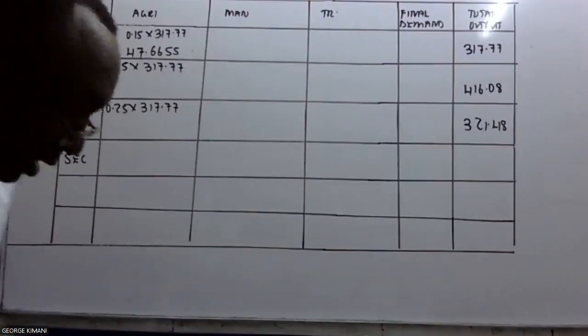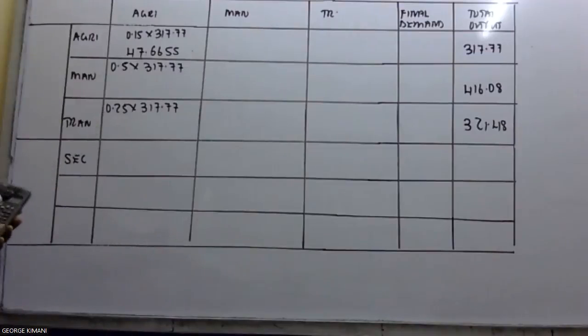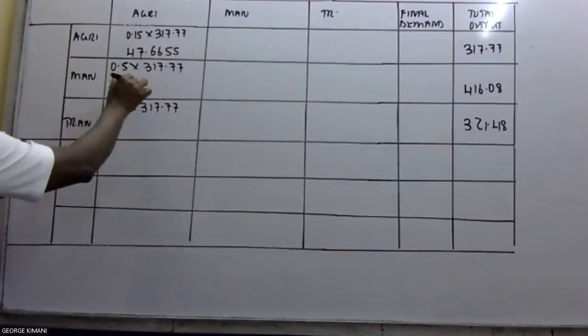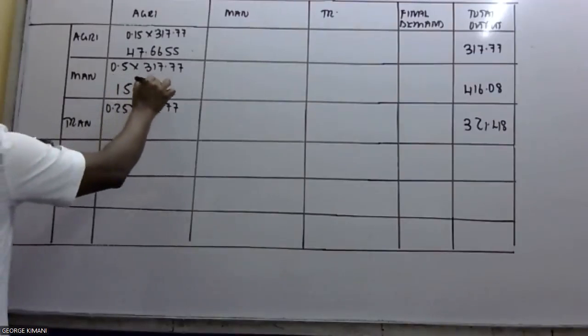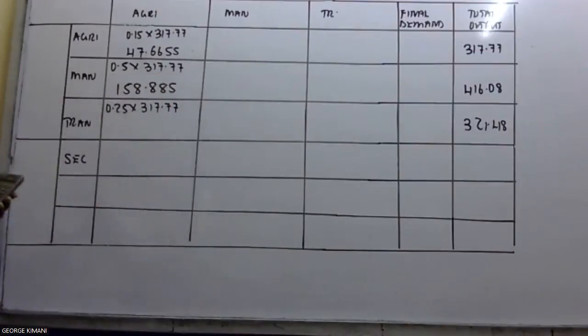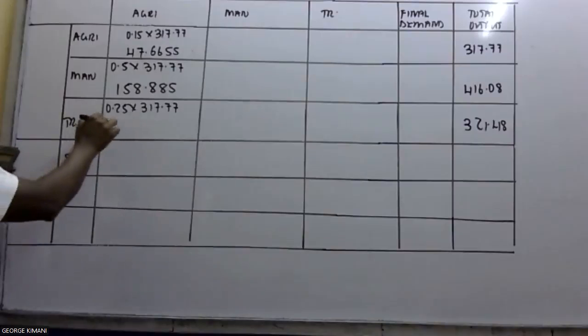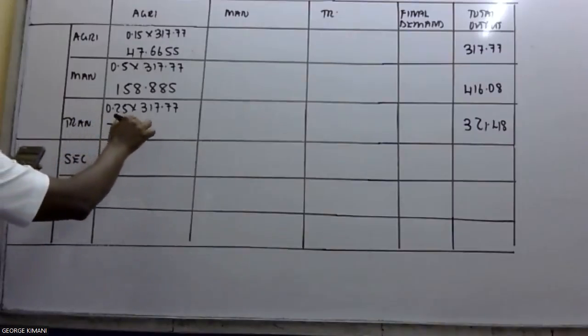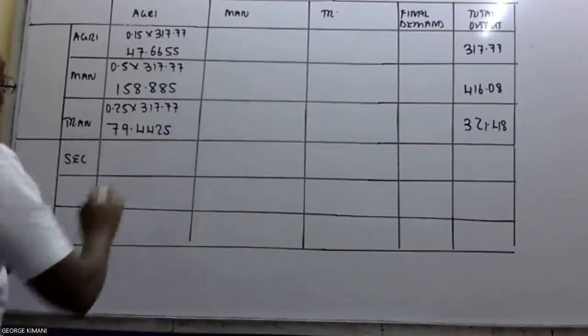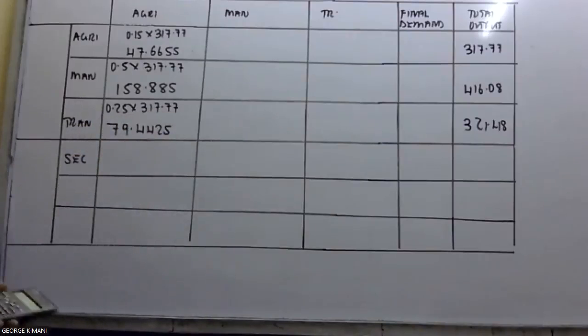Let's try to run it through. 0.5 times 317.77 is 158.885. 0.25 times 317.77 is 79.4425. You get that.